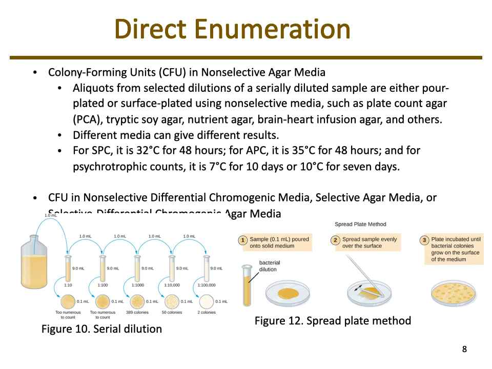So one of the things to keep in mind with the standard plate count, depending on the media you're using, is that normally there's going to be a set protocol. For a standard plate count, you're going to incubate at 32 degrees Celsius for 48 hours.